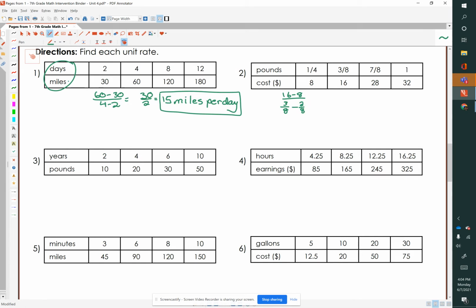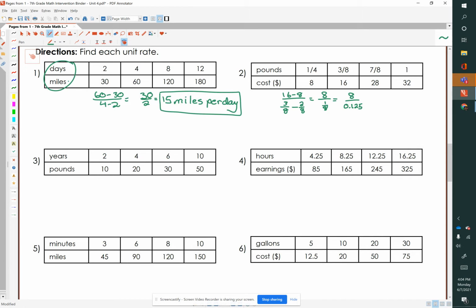Okay, I just changed it to eighths. 16 minus 8 is 8, and 3/8 minus 2/8 is 1/8, and I'm going to convert that to a decimal. So that would be 1 divided by 8, and that would equal 0.125.